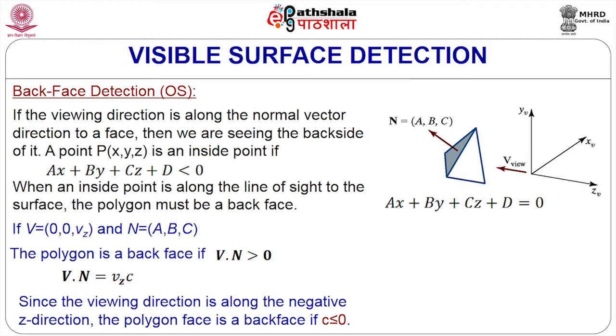So, the essence is that when your viewing direction and the normal vector direction of a plane are aligned with each other, or almost in the same direction, then we say that we are actually seeing the back side of it, the back face. That means imagine you are sitting in a classroom, okay.